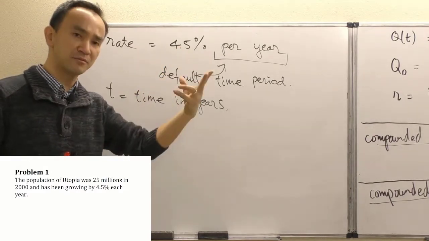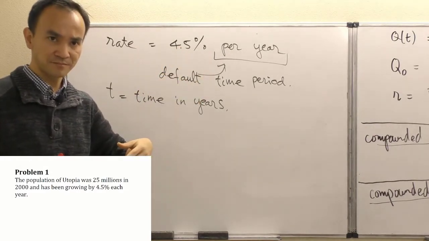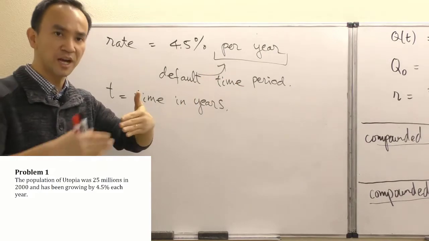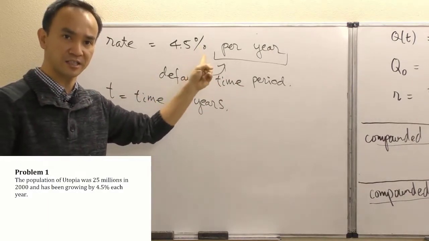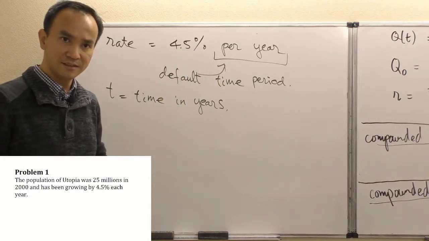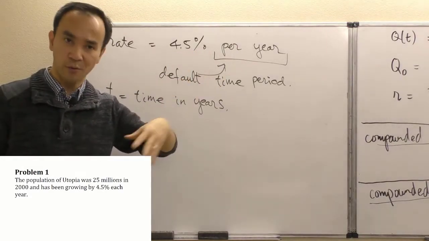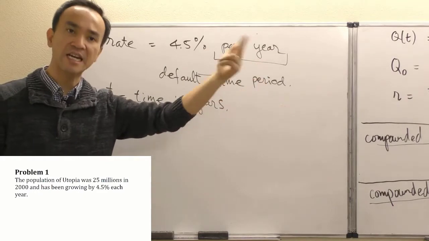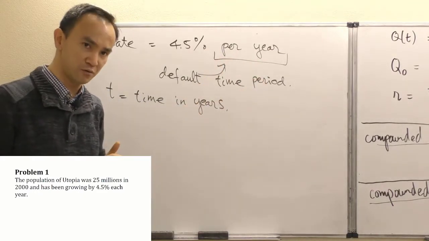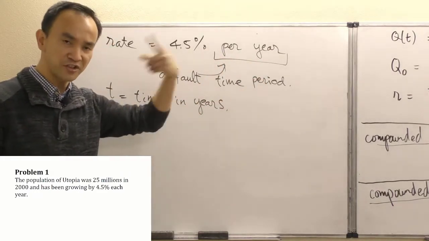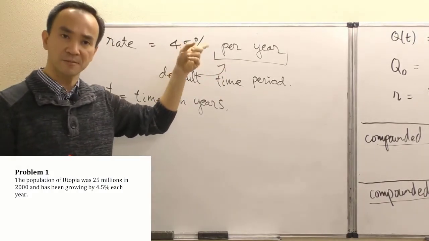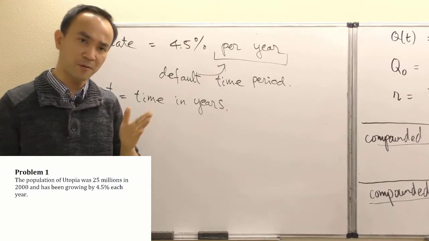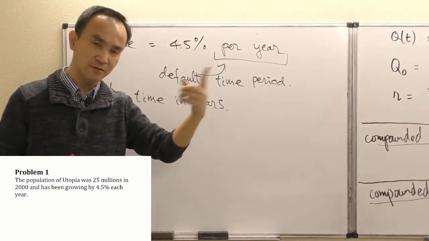And we further observe for 1 more year. In 2002, another year from 2001, we observe that it's still going with that rate. And then the scientists stay there for 1 more year. So 2003, another year after 2002, the scientists count the population again and notice it was another 4.5% growth from the previous year.